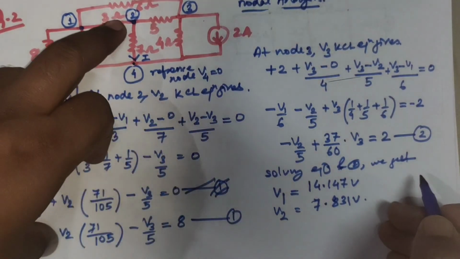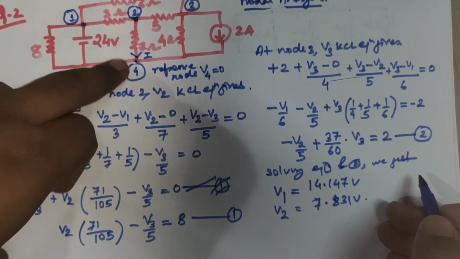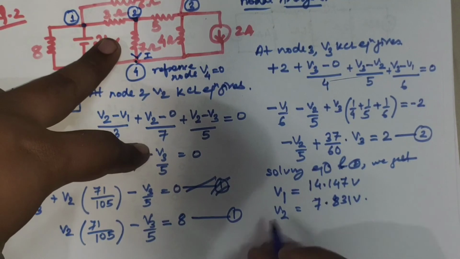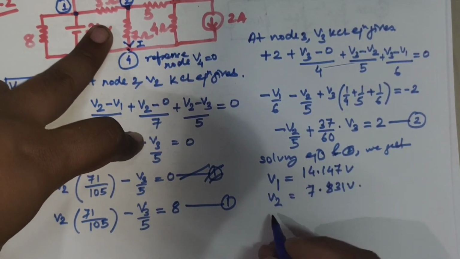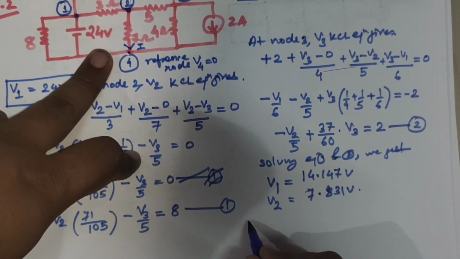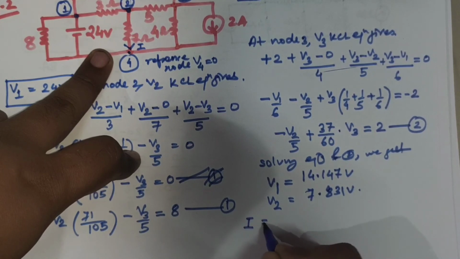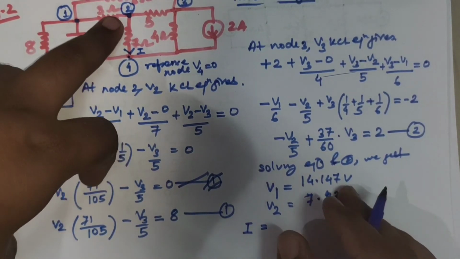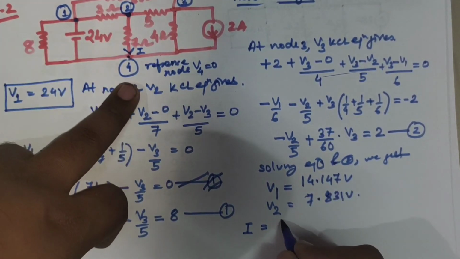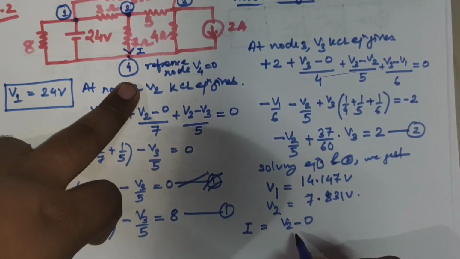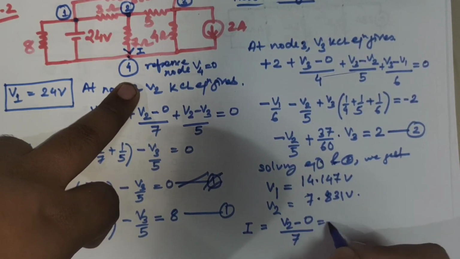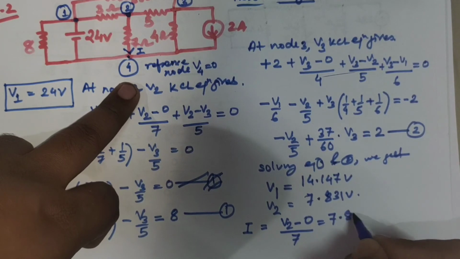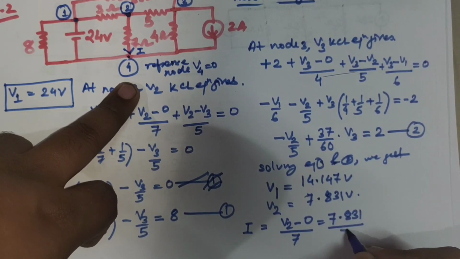Next, we need to find this current I flowing through the 7 ohm resistance. So this I will be, from node 2 to 4, V2 minus 0 by 7 ohm. So it will be 7.831 divided by 7.